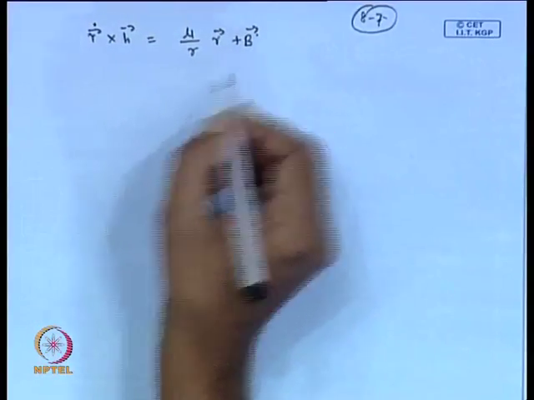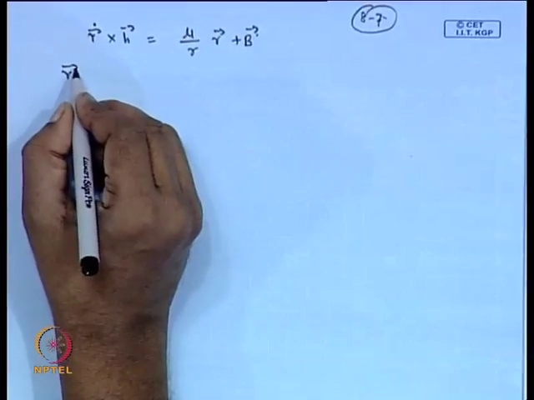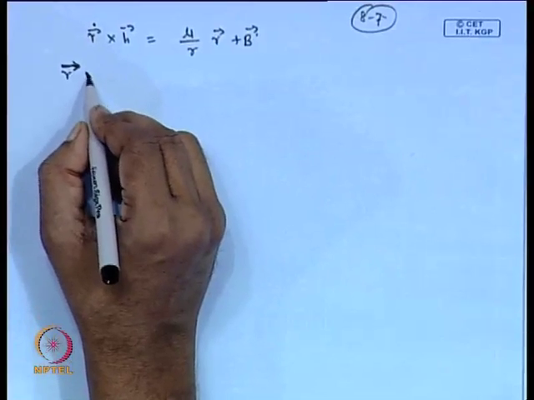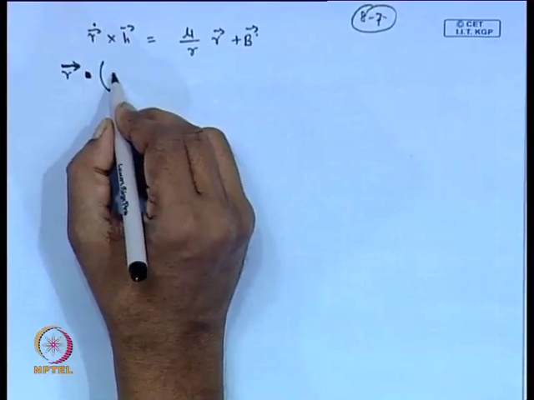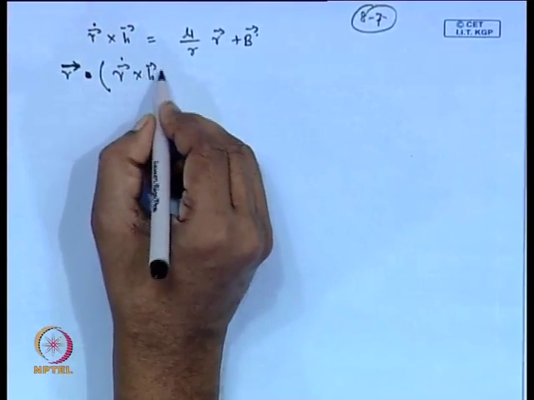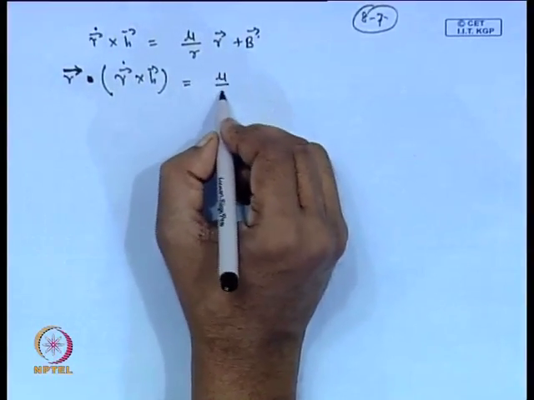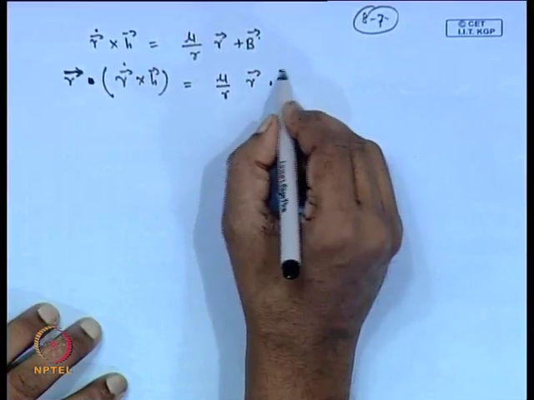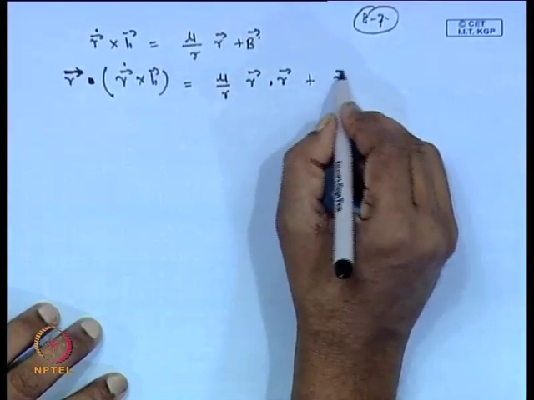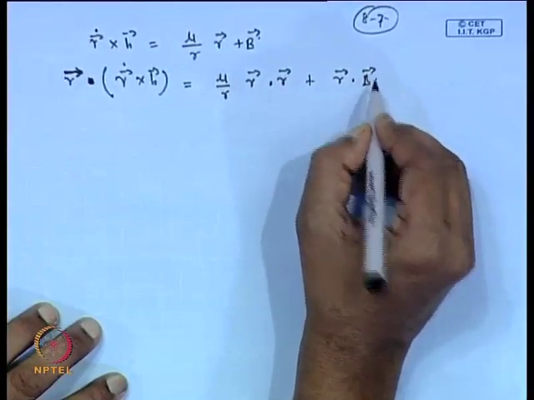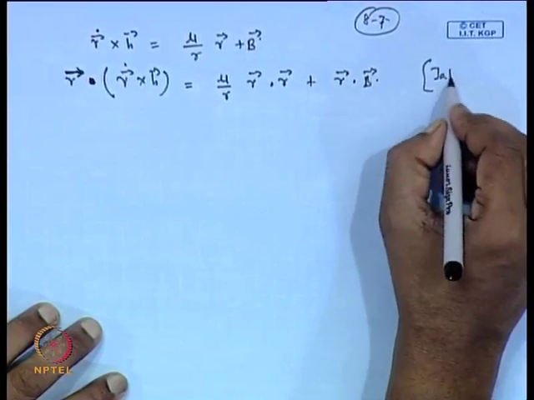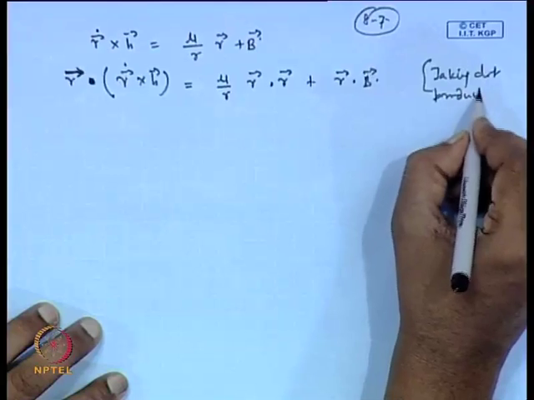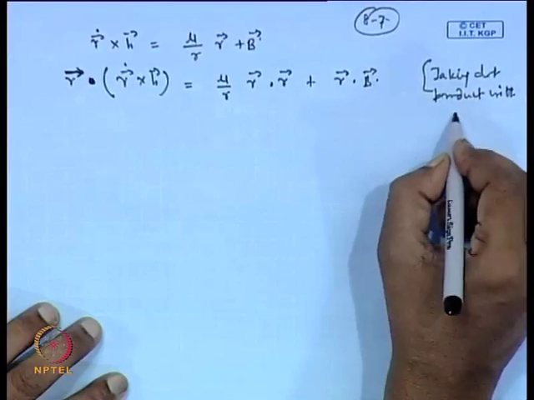Now, taking the dot product with respect to r.